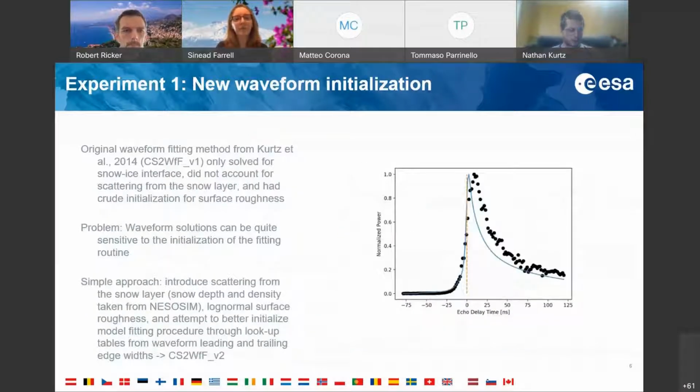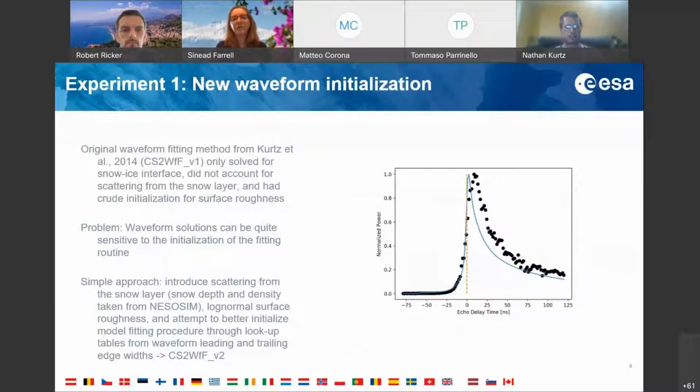Okay, so in terms of the research in this, there are two different experiments that we wanted to run. We know that surface roughness and snow depth have an impact on the waveform and what we're tracking, so how do we go about improving this when we have some knowledge of these?